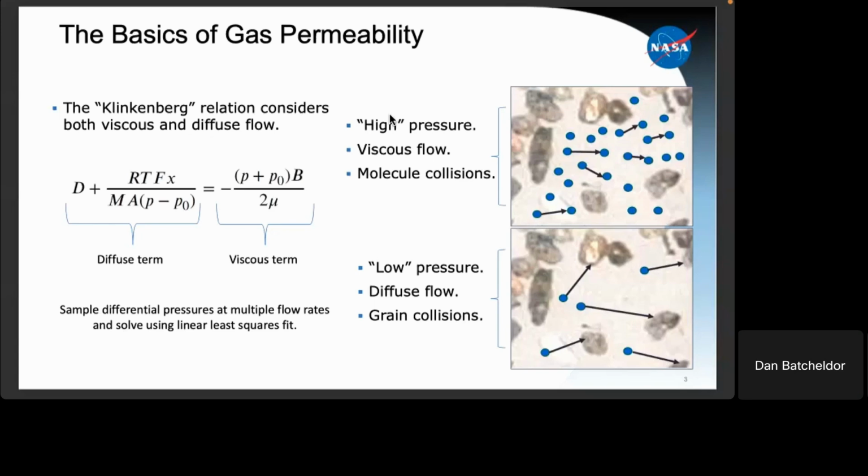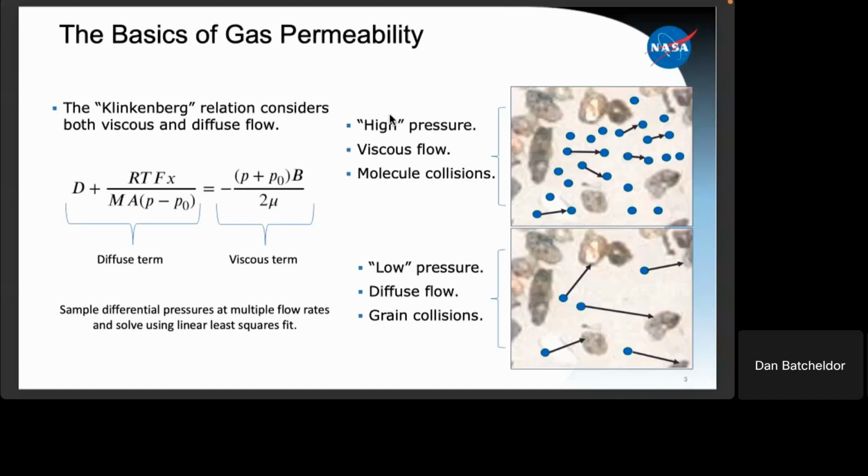dynamics of the flow. So we've been modeling the permeability using the Klinkenberg relation, and you can see that here on the left side. You can see the diffuse term, and this is the term that dominates when you're at low pressure. You can see where the pressure terms are there.